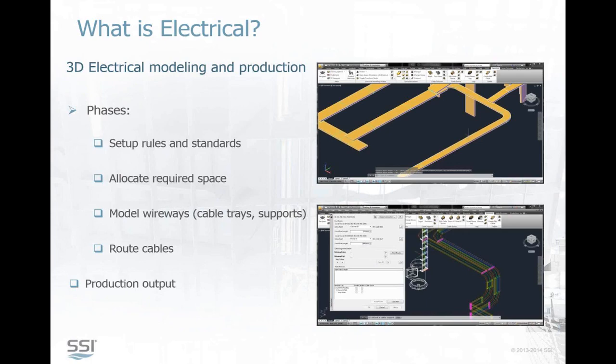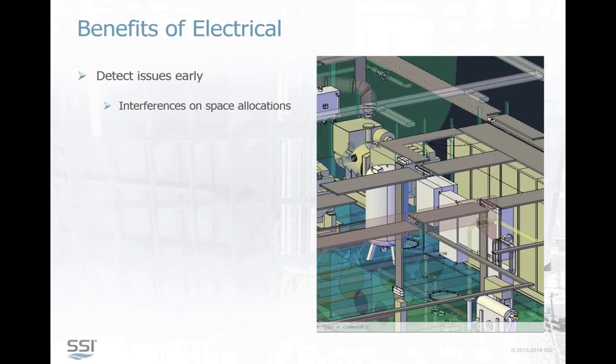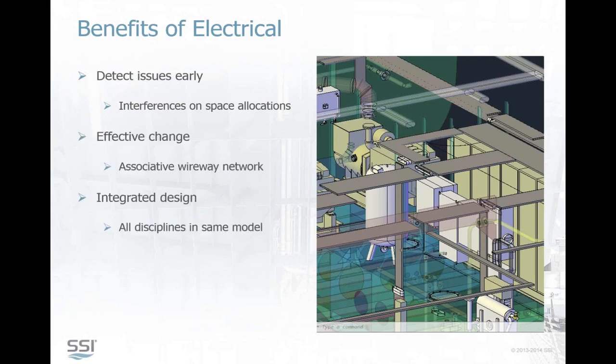Benefits of Electrical: detect issues early, such as interferences in space allocations, of course; effective change management, such as an associative wireway network; integrated design so that all the disciplines are in the same model, of course; and finally, accurate cable lengths routed in 3D.